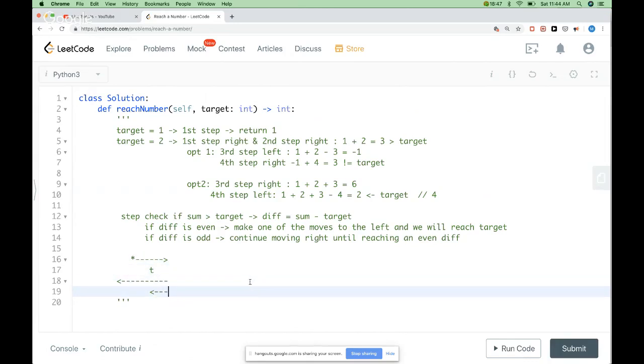So basically we can do 2 tours. We can do moves that are 2i, and to find the value I where we can move to the left, this diff has to be divisible by 2.